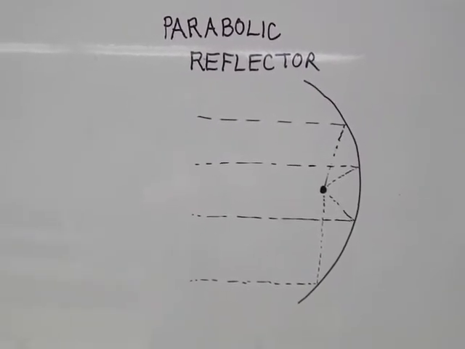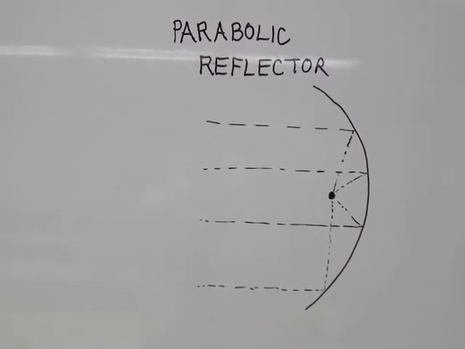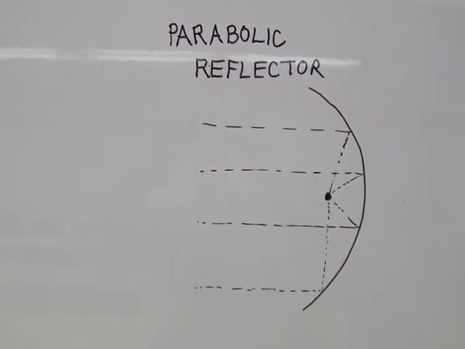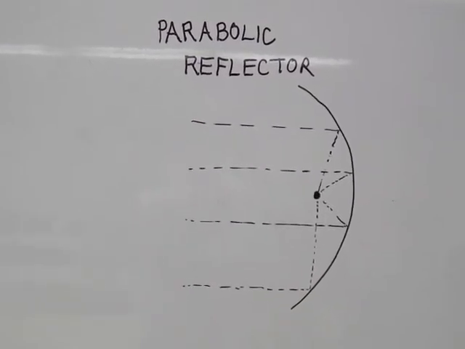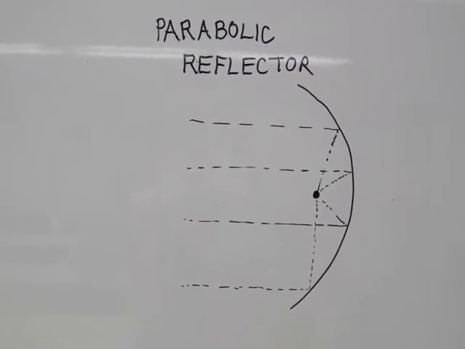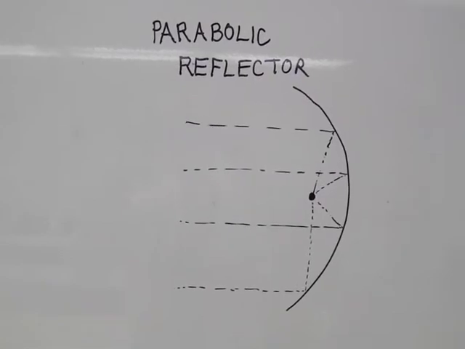Parabolic reflectors are used a lot in electronics. For example, flashlights work this way, headlights, solar cookers, the way they catch sunlight, and even satellite dishes, which is a parabola that's been rotated 360 degrees to give you a three-dimensional parabola. They also work with this principle.